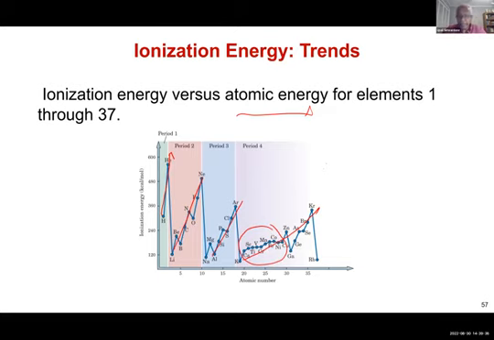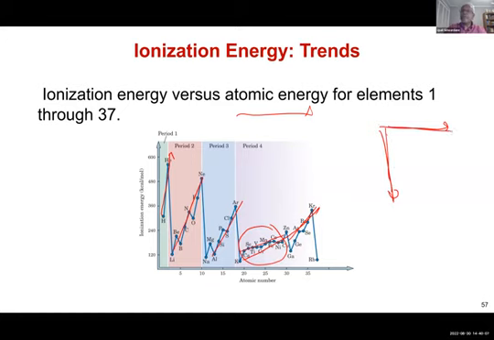Transition metals are less, so it's kind of flat here. Then it increases for the main group elements. So going across the periodic table, ionization energy increases. Going down a group in the periodic table, ionization energy decreases.